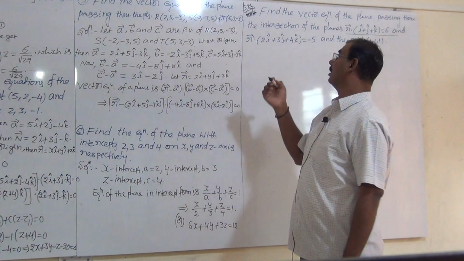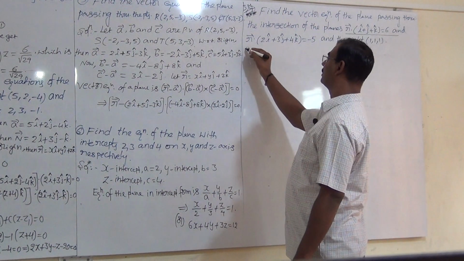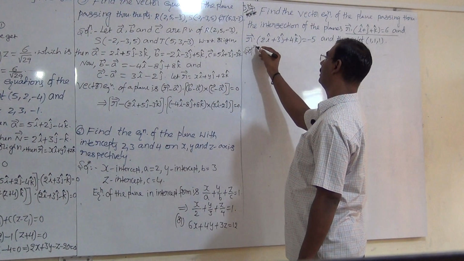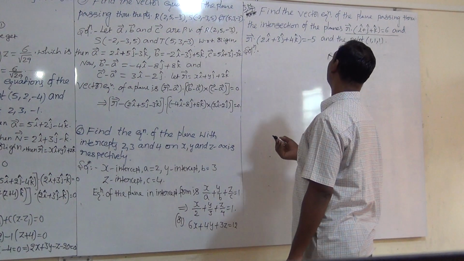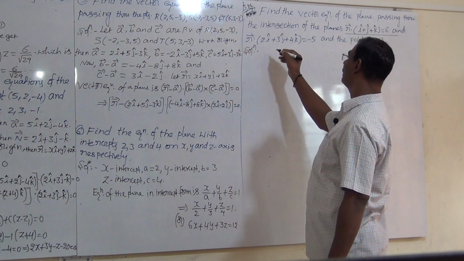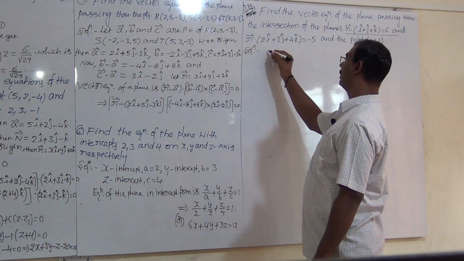Now how to solve? I already finished this one, but once again I will explain it, so you should be thorough with this problem. I take the first plane. What is the first plane here?